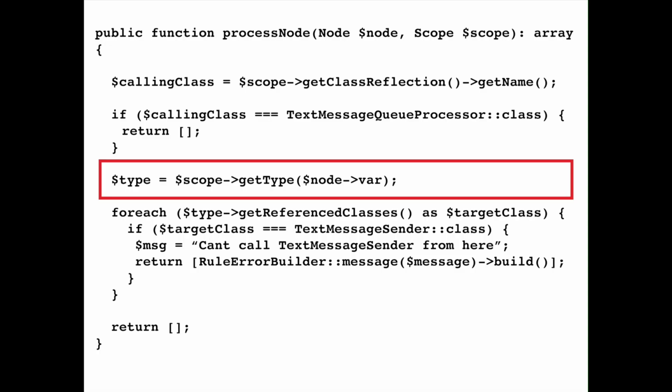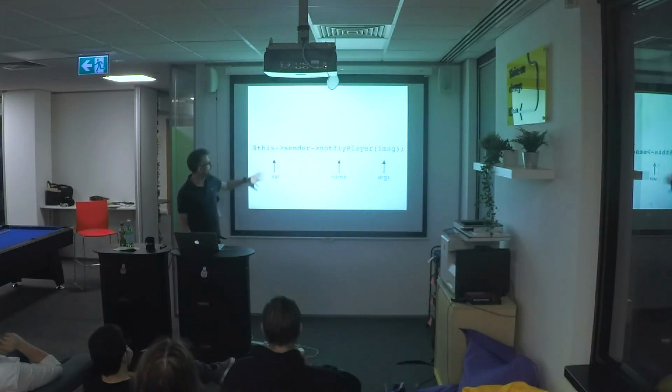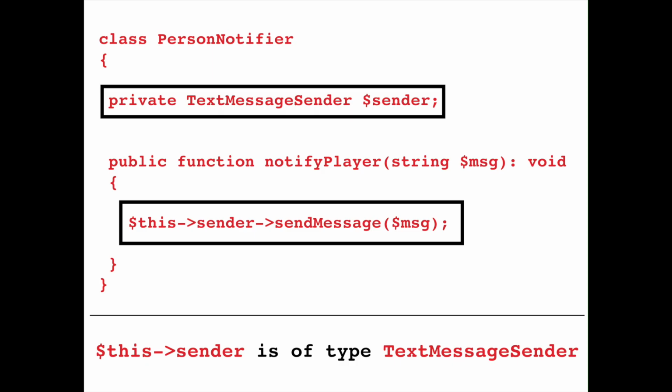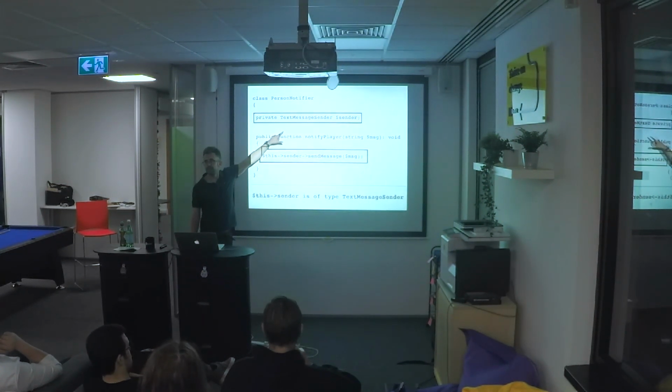Now we need to get a bit more information. We need to know the type of the variable. So again, if we look back here, what we're interested in, what is the type of this, okay? So if we look at some code, once again, here's the thing we're interested in. We can see that in the context of this method within this class, this sender is of type text message sender.